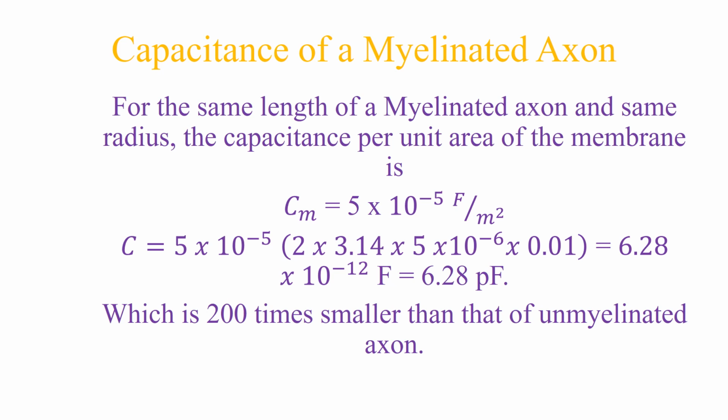See here that Cm for myelinated axon is much smaller than the Cm for unmyelinated axon. So if we calculate C in this case, we will get 6.28 times 10 to minus 12 farad. We will get then 6.28 picofarad. This capacitance is about 200 times smaller than that of the unmyelinated axon.